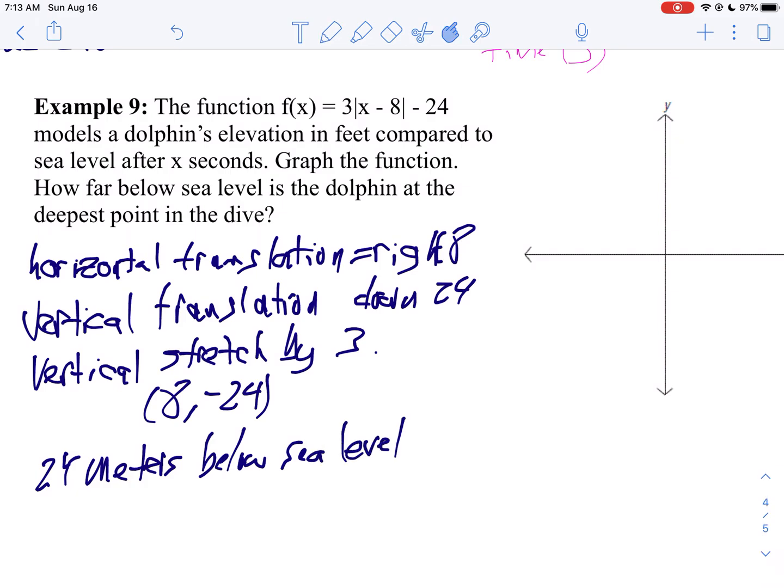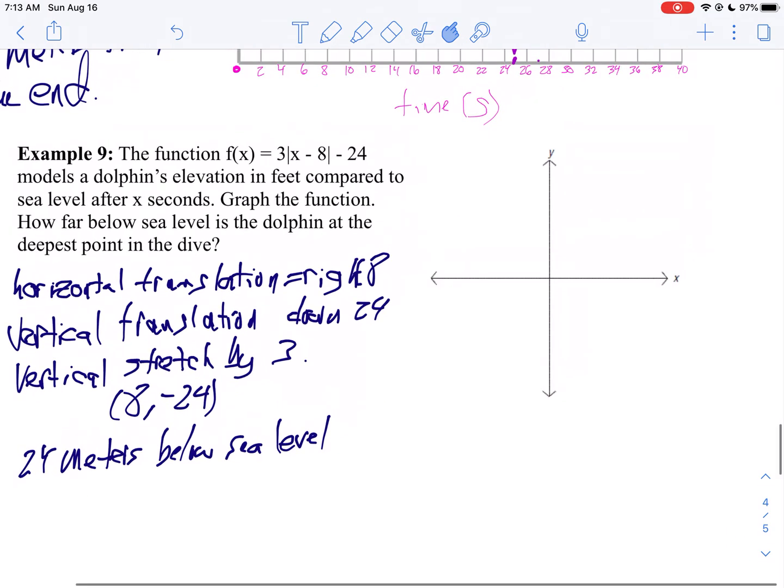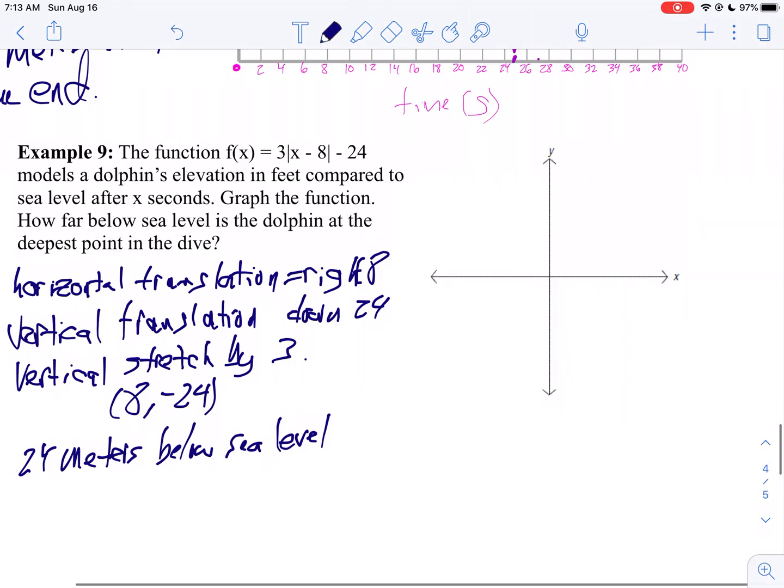So if I'm going to graph this, I'm going to go over 8 and down 24. Put my vertex right there. That's at 8 and negative 24. And then it's going to be a vertical stretch by a factor of 3.